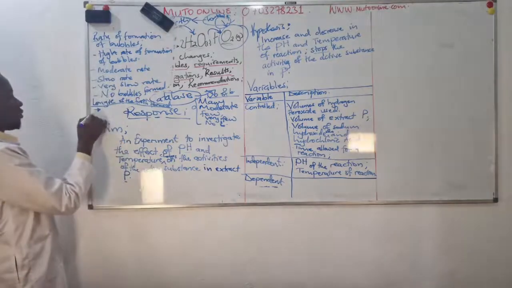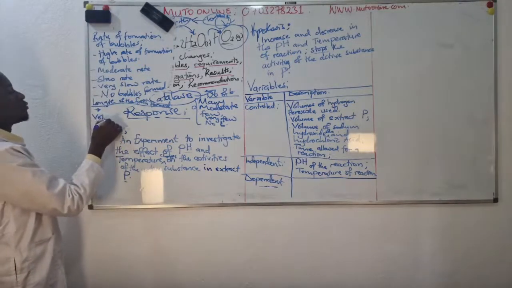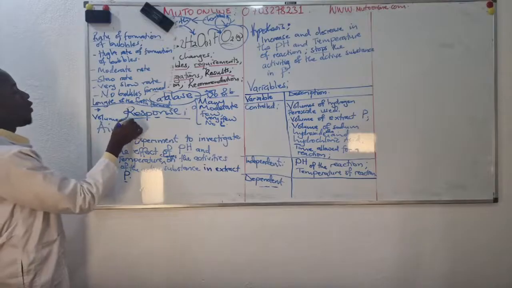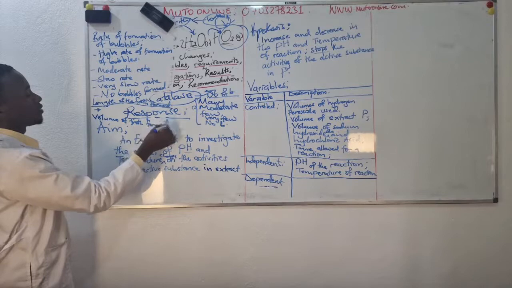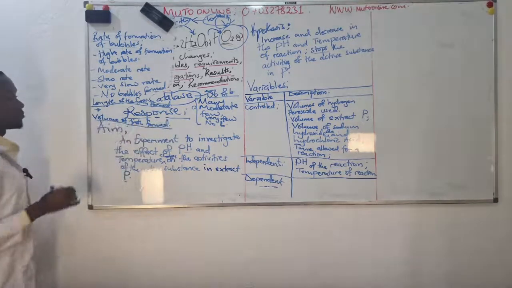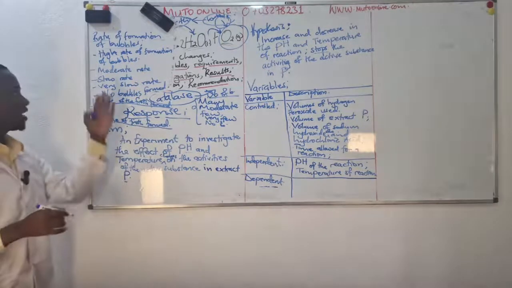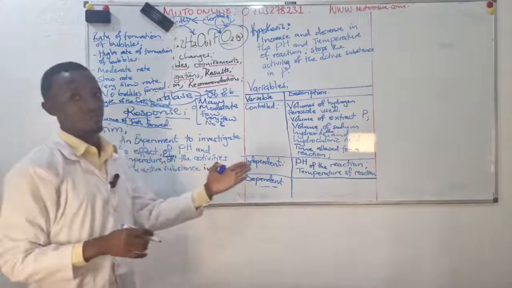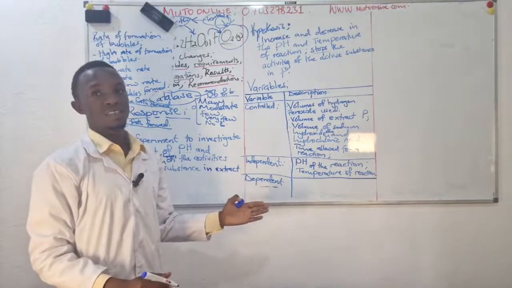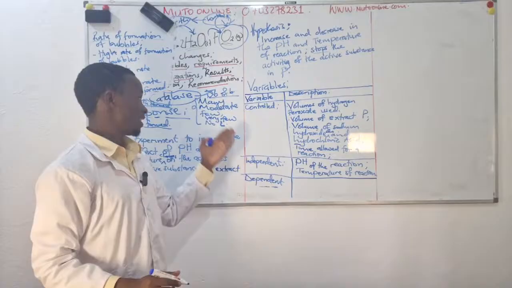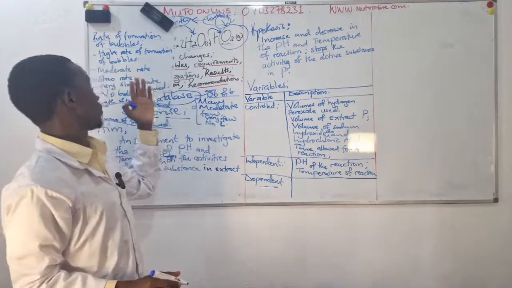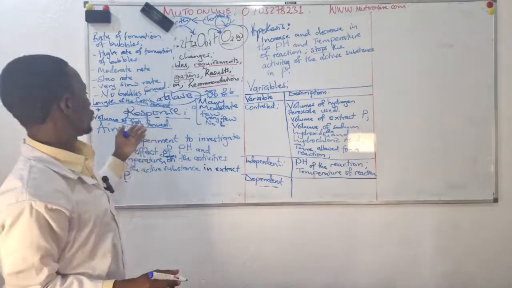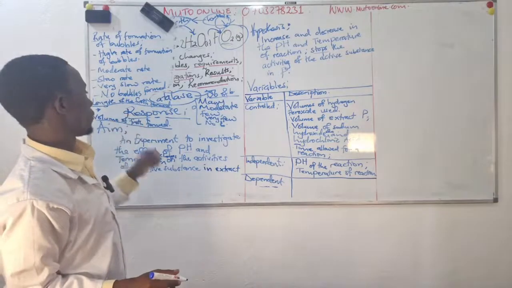As well, someone may record the volume of froth formed. So there are very many dependent variables for this experiment. You may decide what is simpler for you, and we've mentioned them: number, rate of formation of bubbles, volume of froth formed, length of froth formed.